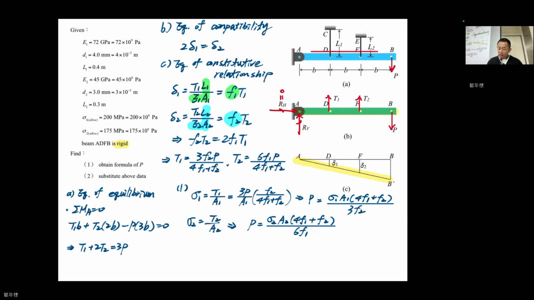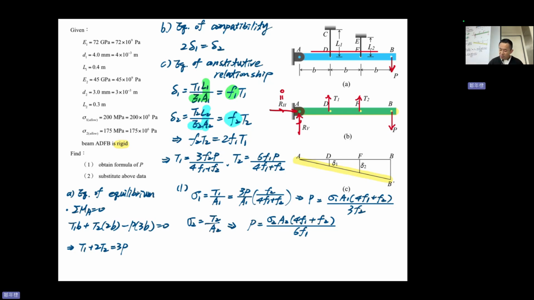If you want the sigma 1 allowable and sigma 2 allowable, substitute sigma 1 allowable here, and you obtain the maximum P that prevents material 1 from breaking. If you substitute sigma 2 allowable, you obtain the maximum P for material 2 not to break, but if you exceed either one, it will break.